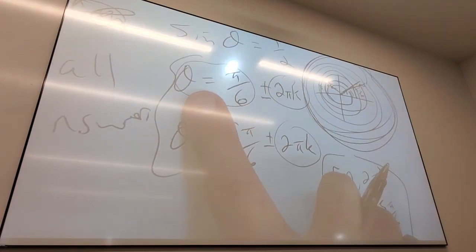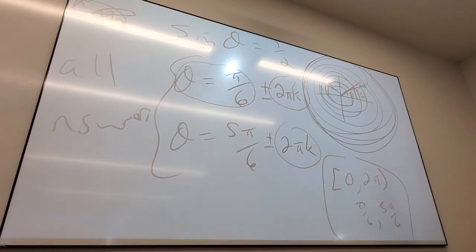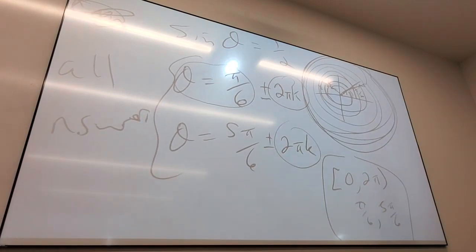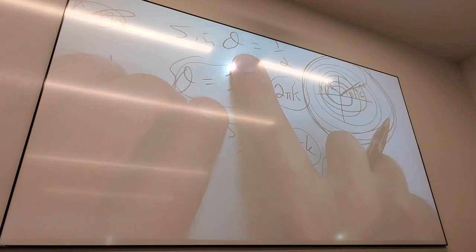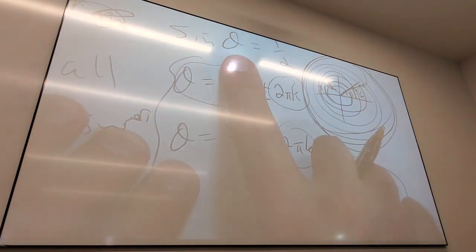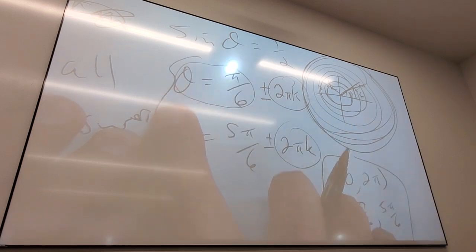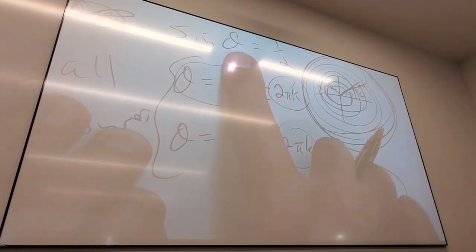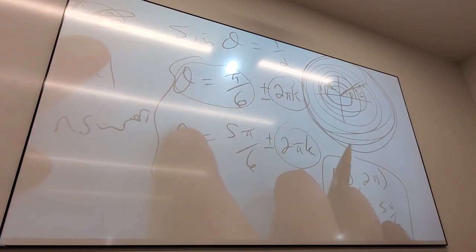What's got to be true about the angle? It's got to be one of these two things, correct? Would the answer have changed if I would have put an alpha there? No, I would have just said alpha, alpha, right? What if I would have put a beta there? It would have just said beta, beta, right?